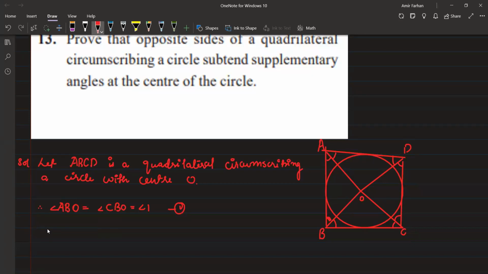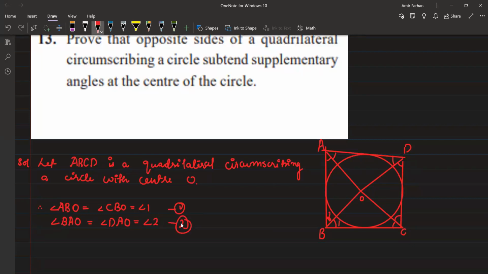Okay. Second equation. Let's write angle 1. Angle BAO will be equal to angle DAO. This angle BAO and this angle DAO will be equal. Suppose that naming is 2.